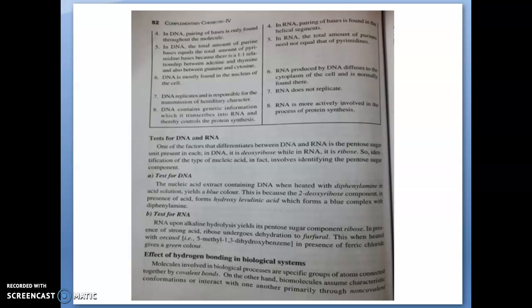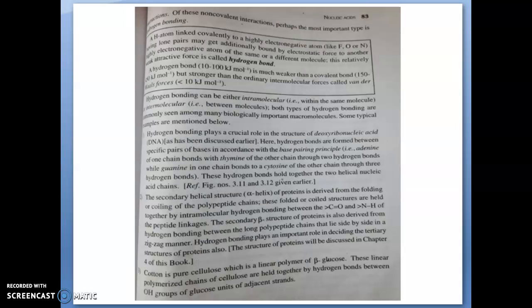We already studied in the previous semester or in previous classes what hydrogen bonding is. Here hydrogen bonding is defined: the hydrogen atom linked covalently to a highly electronegative atom, which has a lone pair of electrons, may get additionally bonded by electrostatic force to another highly electronegative atom of the same or different molecule.